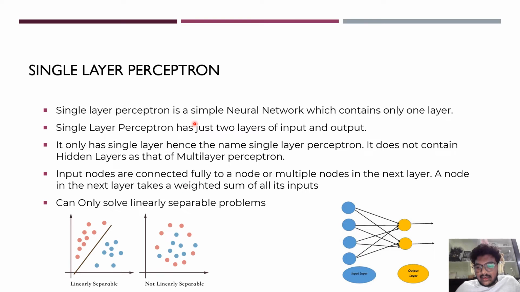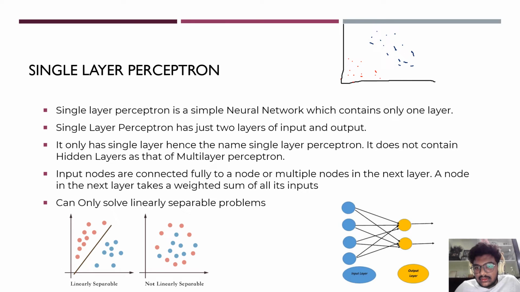Now, what is linearly separable data? Say we have a graph where the x and y axes represent certain inputs, and with respect to that we have certain outputs. Let's say I'm labeling somewhere here for some data, and somewhere around here for some other data.